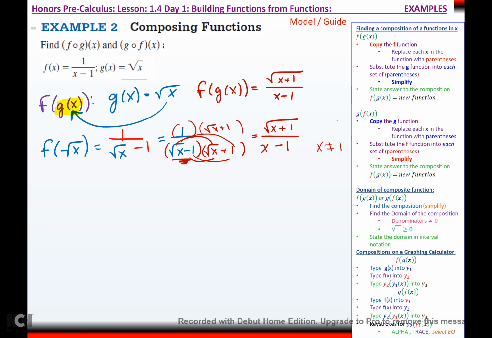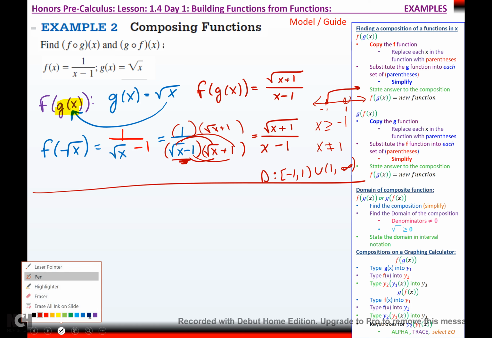And the radical has to stay positive, so x has to stay greater than or equal to negative 1. Okay? So your domain: this says it can't be 1, and this says you have to stay greater than or equal to negative 1. So my domain would be negative 1 to 1, union 1 to infinity.